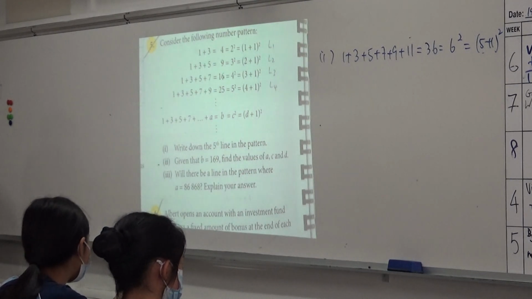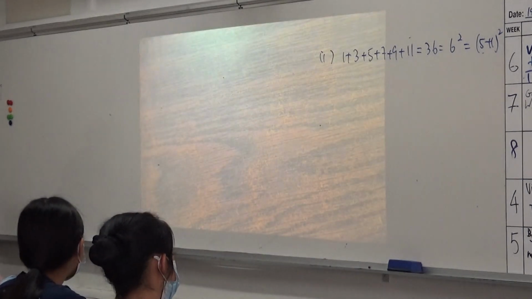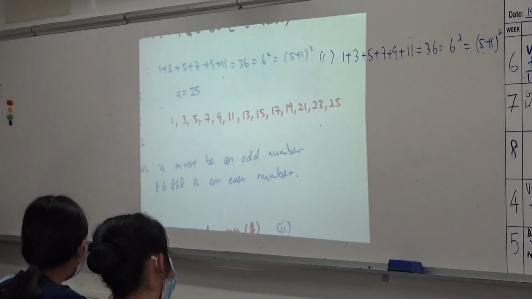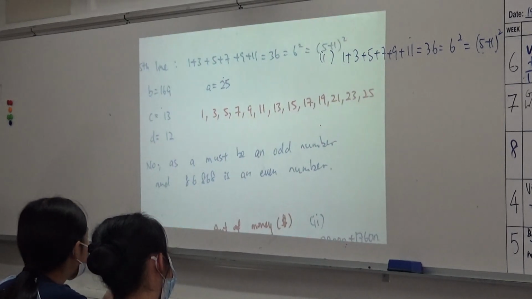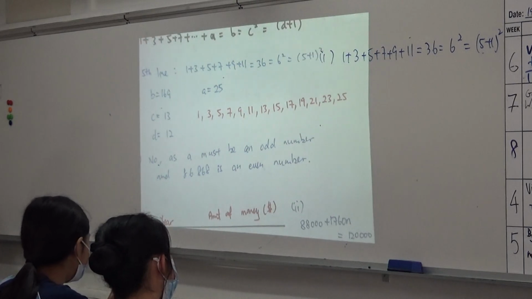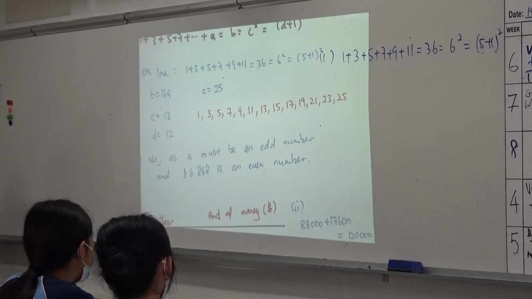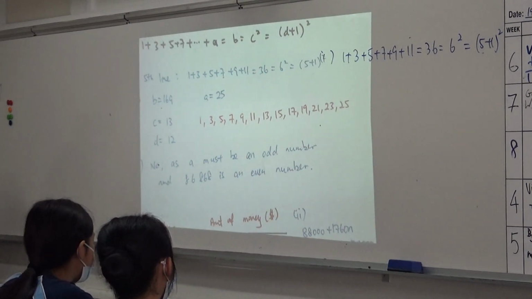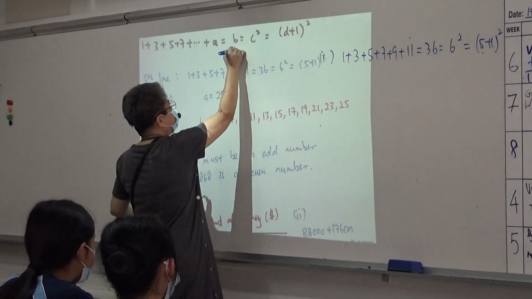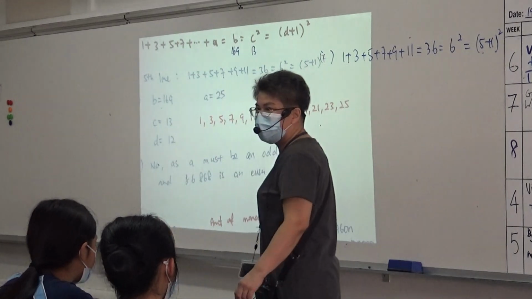Okay. I want to show you the answer. All of you here. Now, the 5th line will be this, right? Correct. It is smaller. Everybody can see now? Now, I'm going to push it down because you can't see the sequence. Okay. If B is 169, that means this one is 169, it will follow that this one is 13, right?